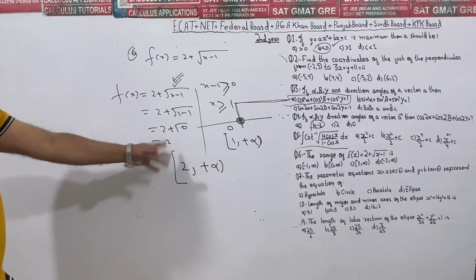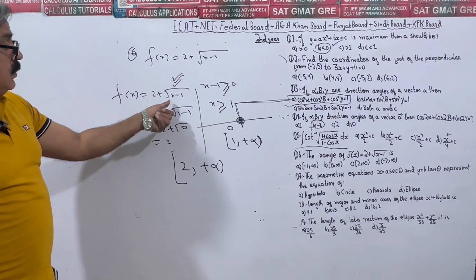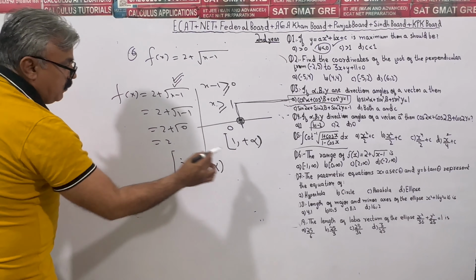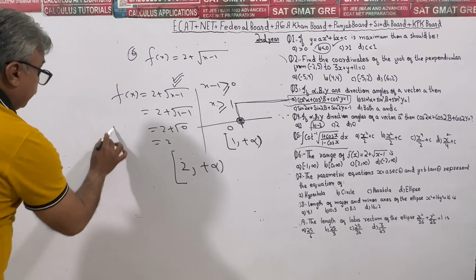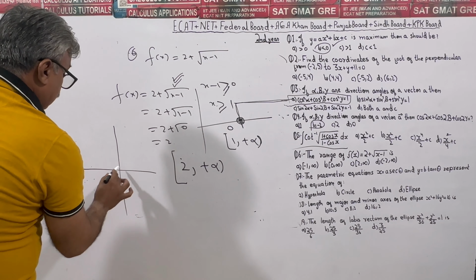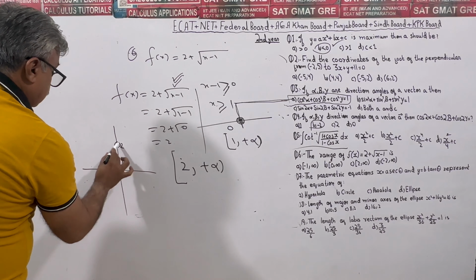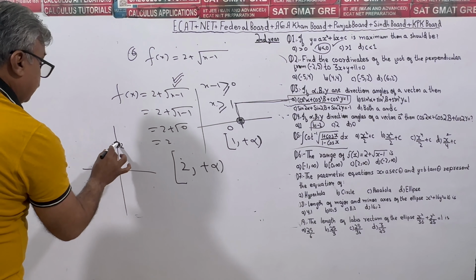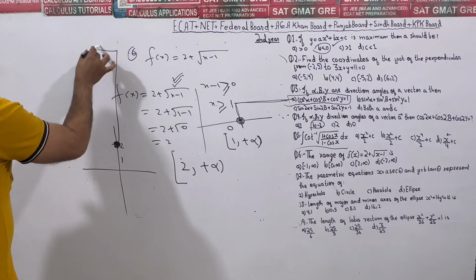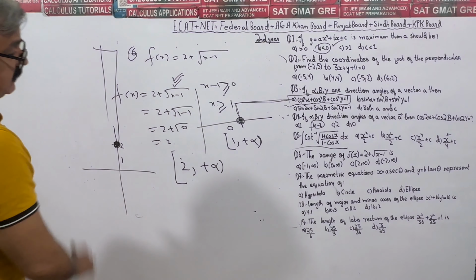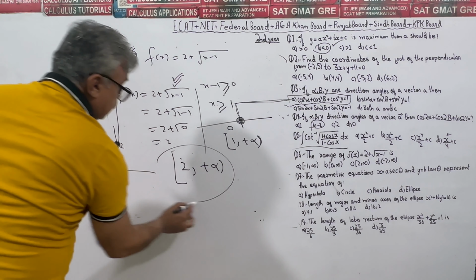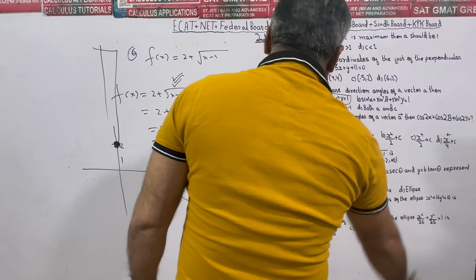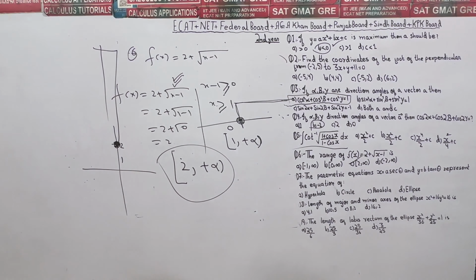You can put 2: 2 minus 1 is 1, 2 plus 1 is 3, keep on moving, from 2 to the positive side. How to mention its range? 2, inclusive, towards the upper direction, because that is the value of y. I am mentioning it on the y-axis. So that is the range, and option C is the right option.